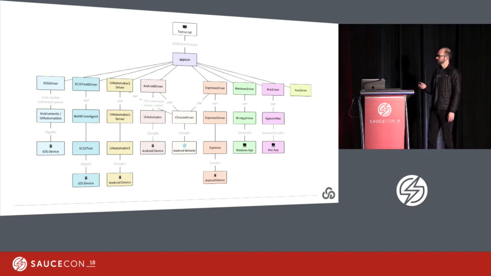So we actually still have those original platforms of iOS and Android and instruments and UI Automator, but they have been factored out into their own drivers, and in fact are now deprecated because they're so old, but they're still around. And we've continued to add different drivers to the family.